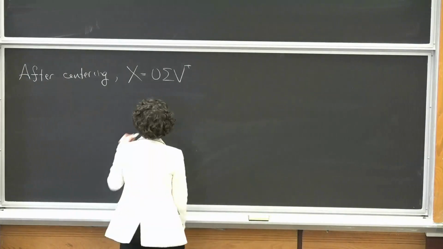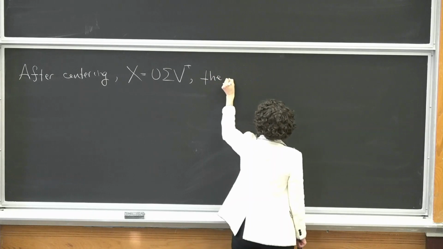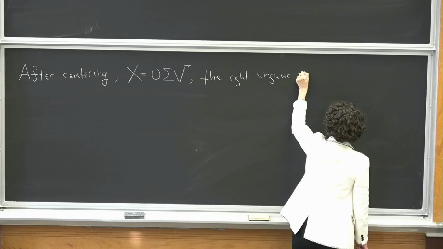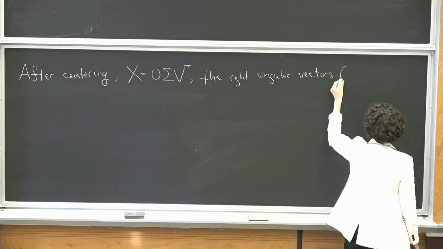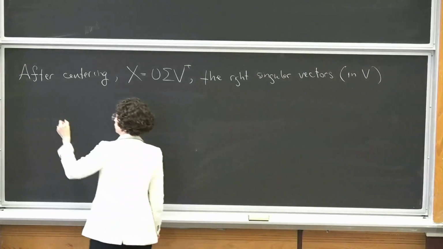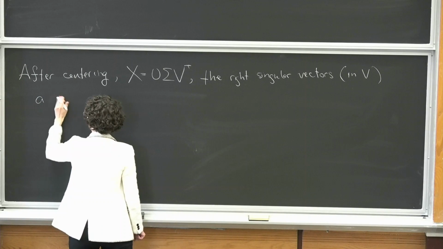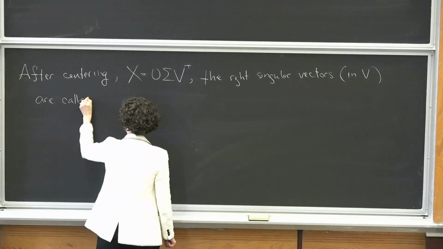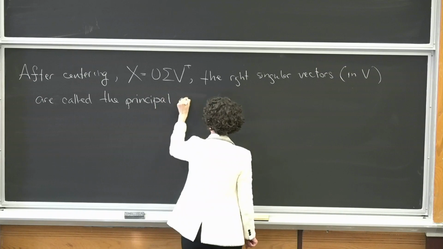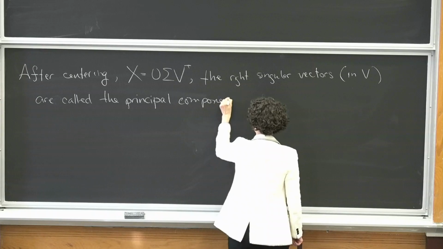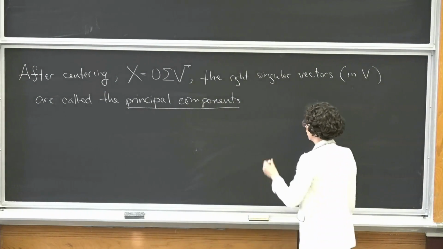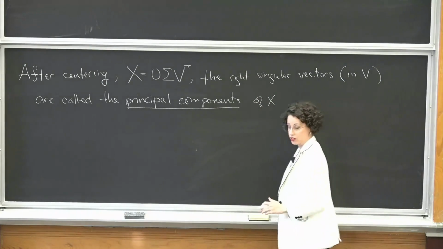And then the right singular vectors, so the basis vectors in this V matrix, are called the principal components. Or sometimes people will call them the principal component directions of X.